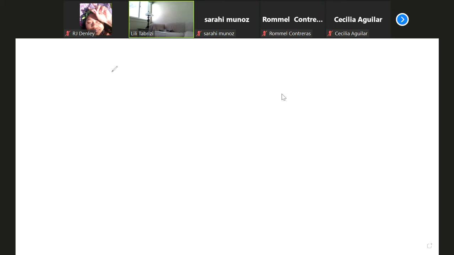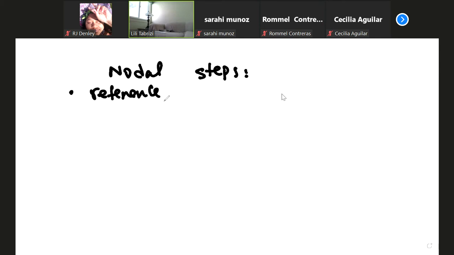Nodal is based on the following steps. Number one, you must have a reference. Either you assign or you can choose any point as a reference, or the problem gives you the reference.